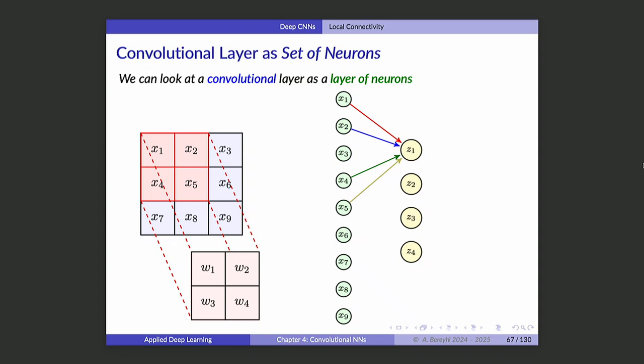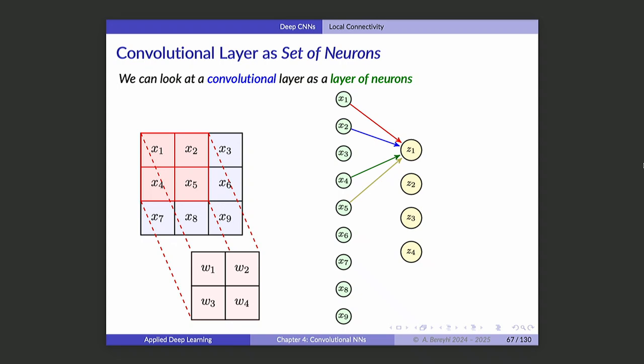Okay? This is my output. Now, I want to look at this convolutional layer as a collection, a layer of neurons. How can I do it? I could say that there exists one neuron which is computing Z, or basically I'm doing one linear computation to get Z1, correct? And this Z1 is connected to which inputs?